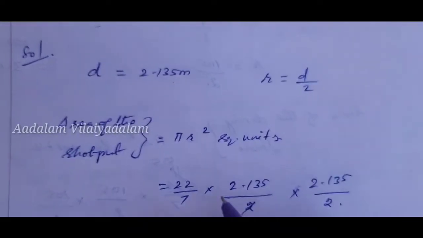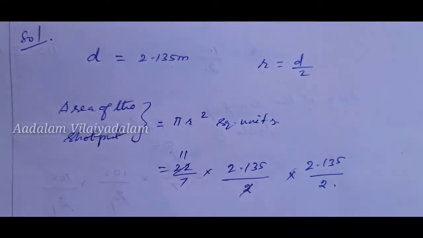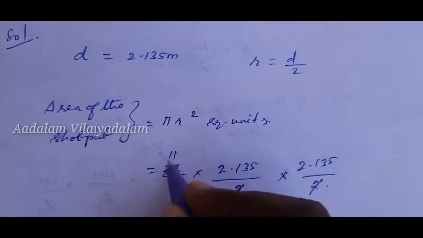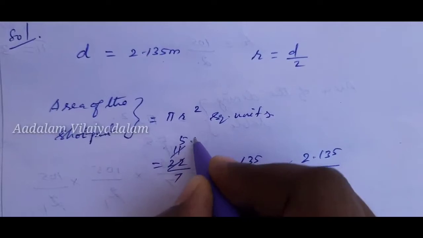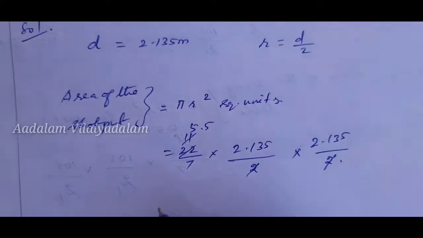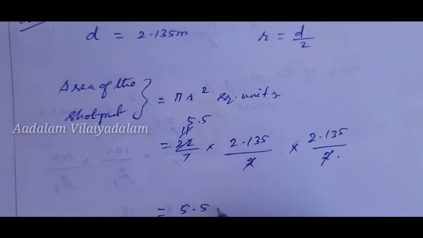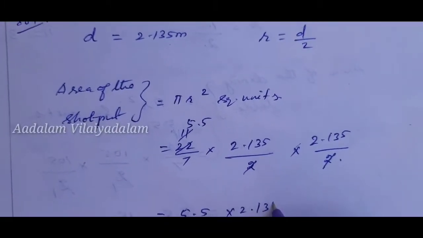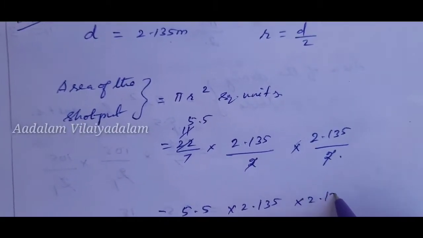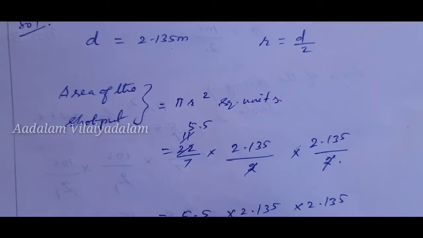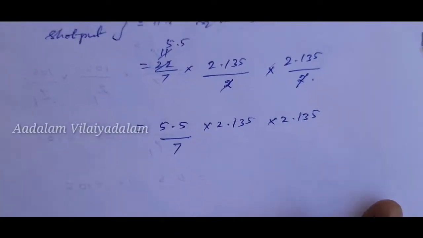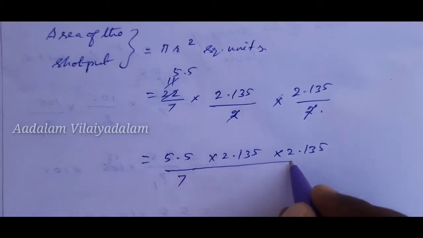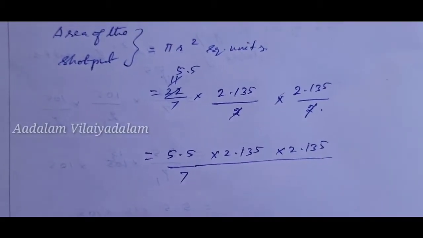Now cancellation of 2 and 22 we will get 11, and again cancellation of 2 with 11 we will get 5.5. Now the remaining values are 5.5 into 2.135 into 2.135, and the whole divided by 7 we can take.